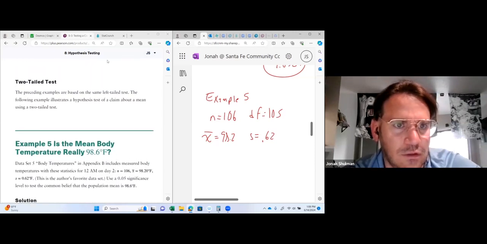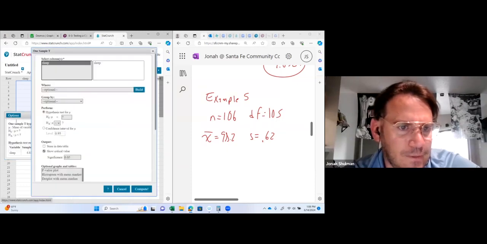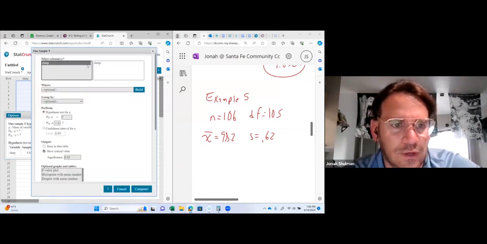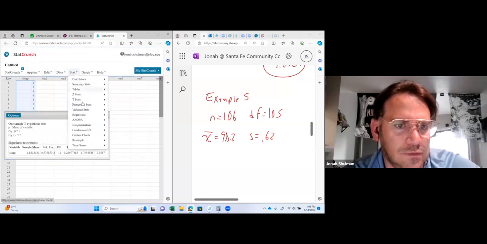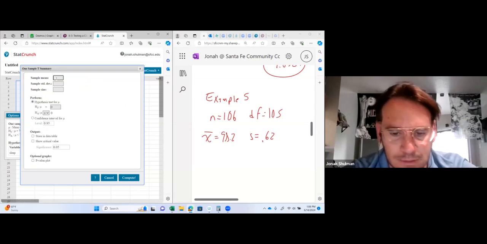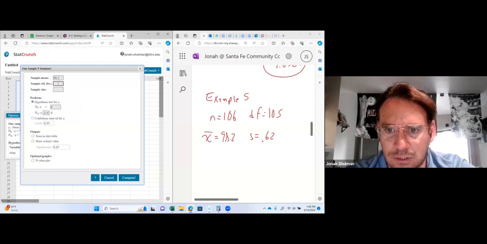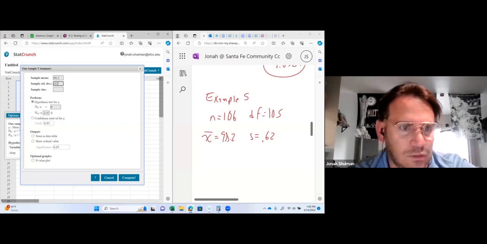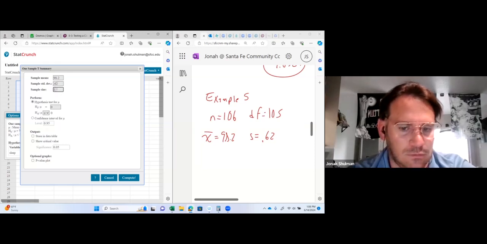Oh, sorry. And I'm just going to type it right in. So we don't have the values. So I'm going to do stats, t-stats, one sample from summary. My mean is 98.2. My sample standard deviation is 0.62. Our sample size is 106.